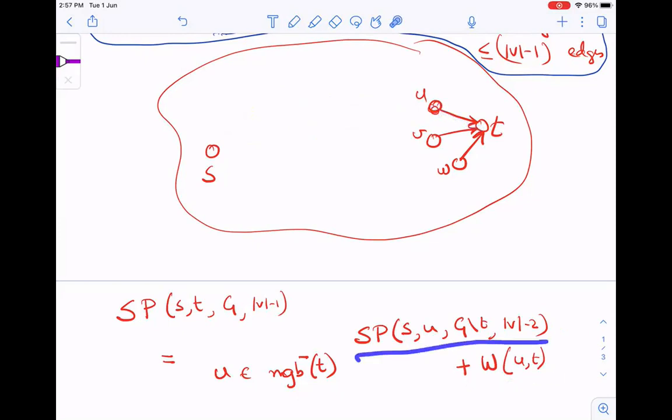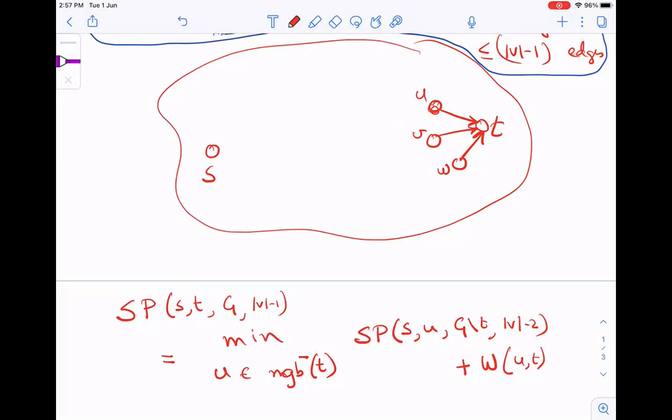This is the best path from S to U using v minus 2 edges, so I will be able to go from S to T in less than or equal to v minus 1 edges, and take the minimum over all such U, then we get that answer.